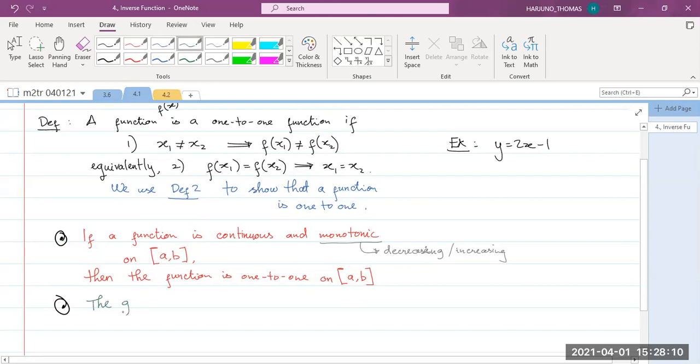The graph of a one-to-one function must satisfy the horizontal line test.